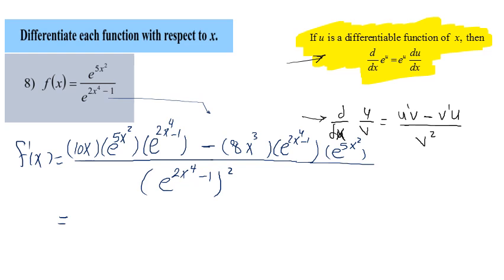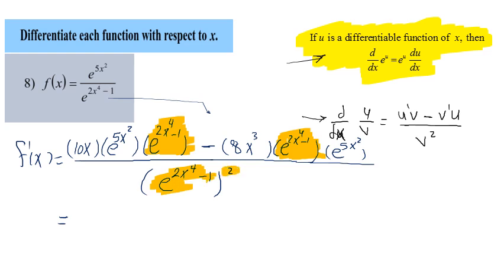As we can see here, I have a bracket of e to the power of 2x to the power of 4 minus 1 and another e to the power of 2x to the power of 4 minus 1, and in the denominator I have e to the power of 2x to the power of 4 minus 1 all to the power of 2.